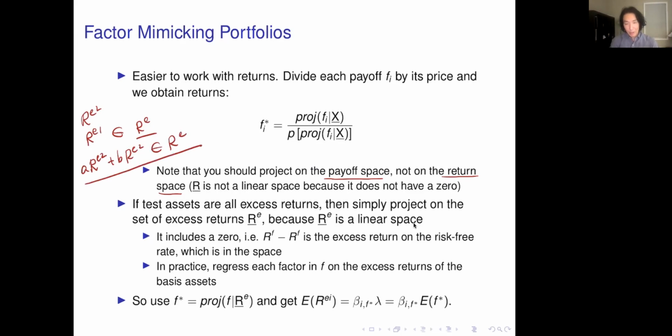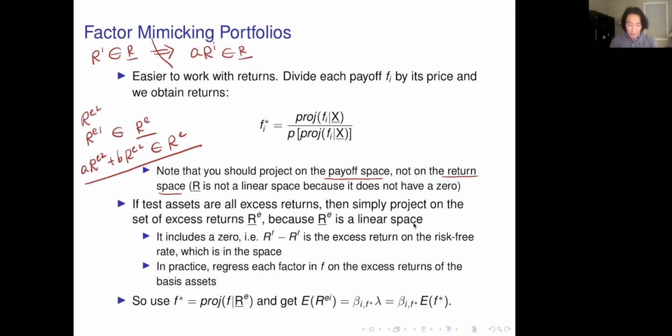But the return doesn't have this property. Say there's a return A in the return space. That doesn't mean that some constant times that return is going to be in the return space. That doesn't hold. This is not true.